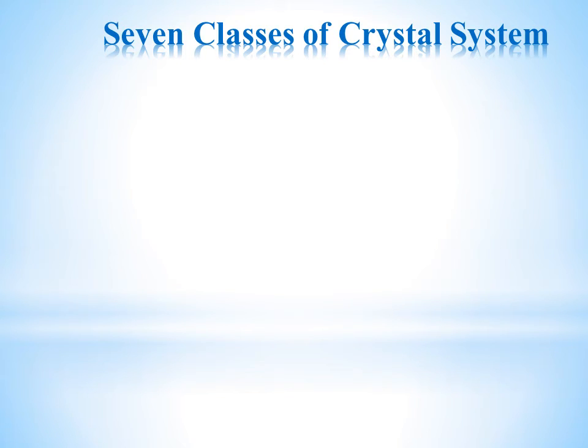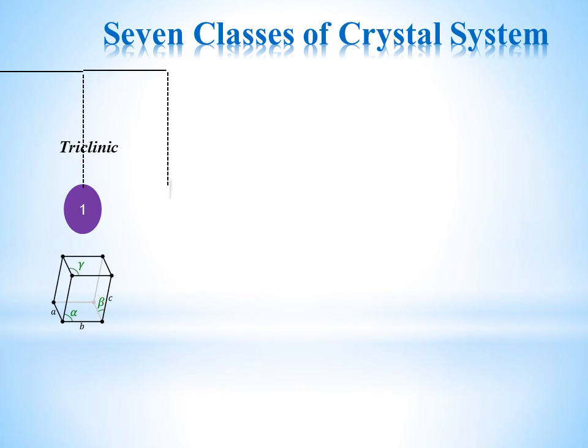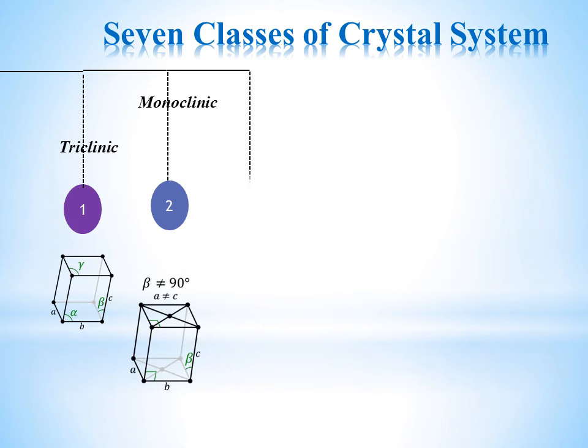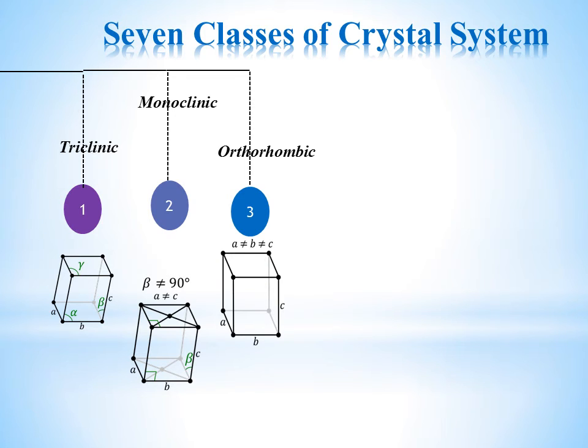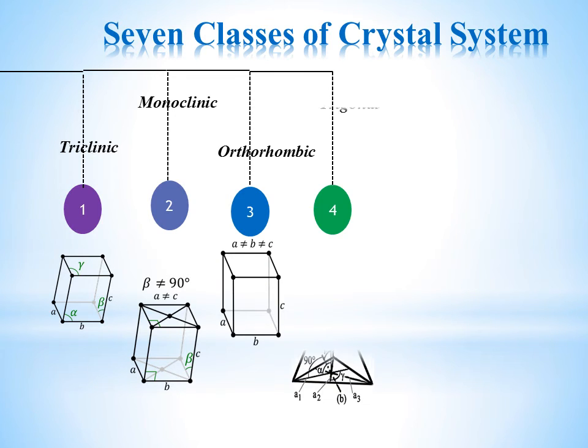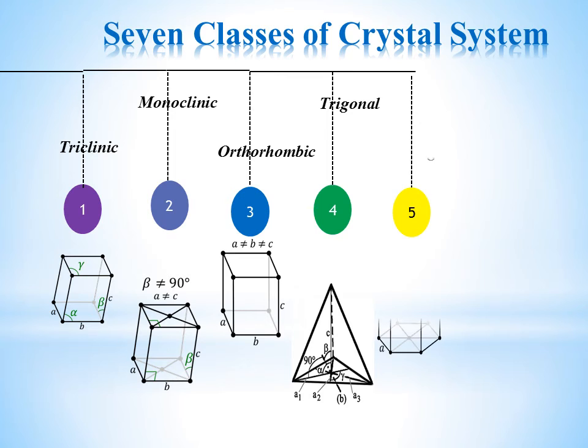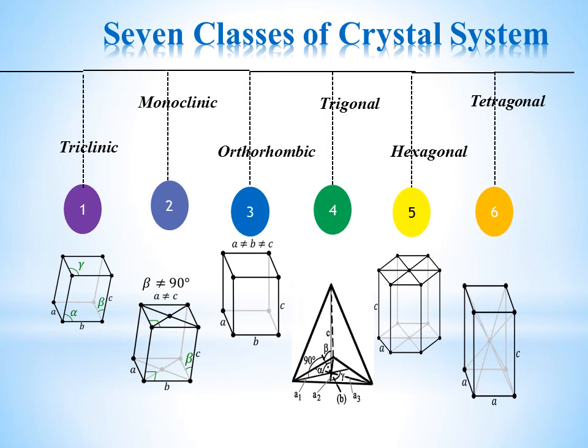Crystal systems can be arranged in 7 different ways depending on the relative lengths and directions of the axes of symmetry. They are triclinic system and monoclinic system, orthorhombic system, trigonal system, hexagonal system, tetragonal system and finally the cubic system.